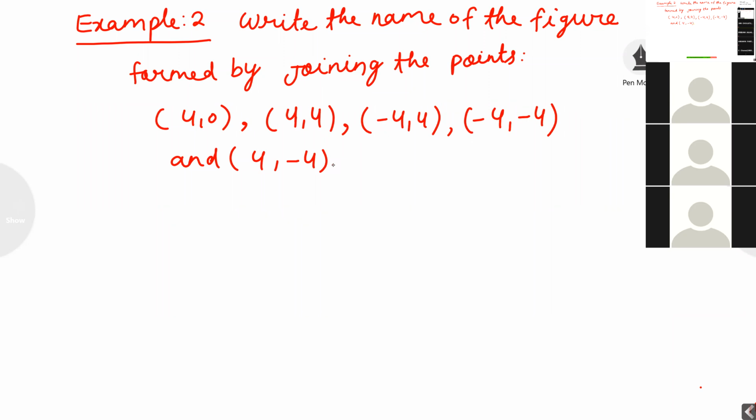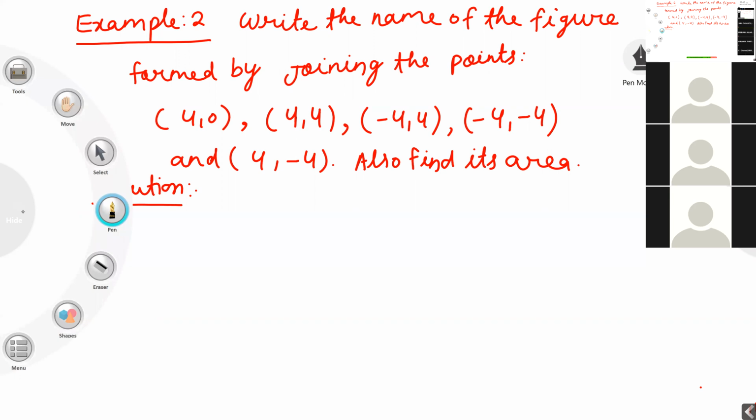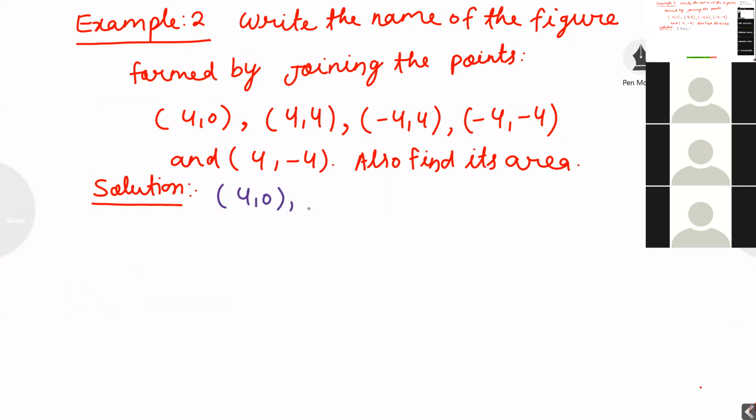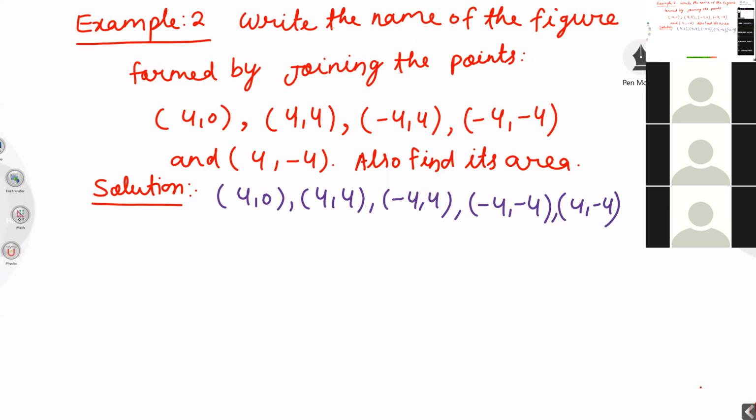Also find its area. Firstly, I will write the points he has given: 4 comma 0, 4 comma 4, minus 4 comma 4, minus 4 comma minus 4, and 4 comma minus 4. These points we want to plot on the graph paper.